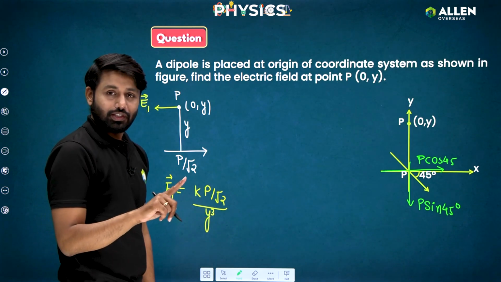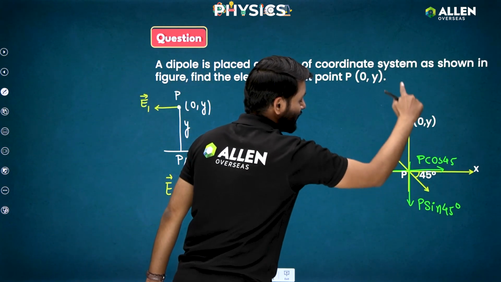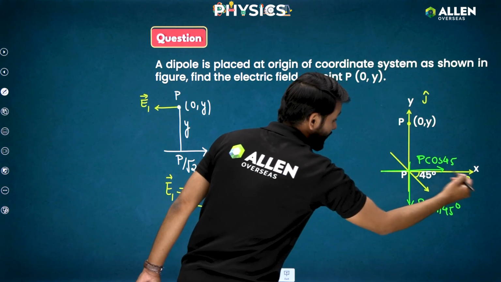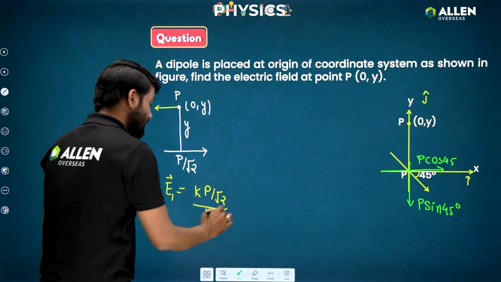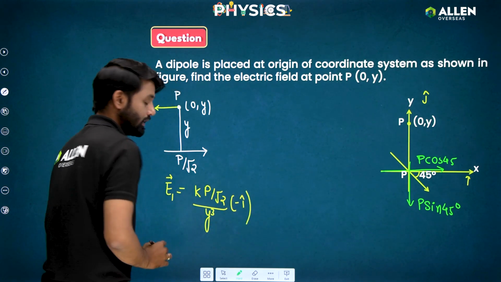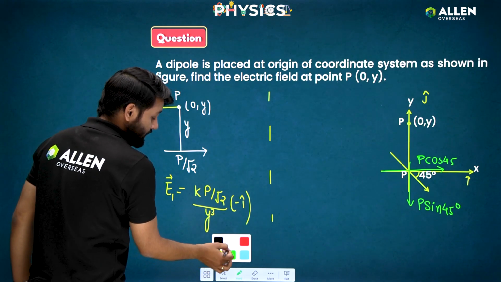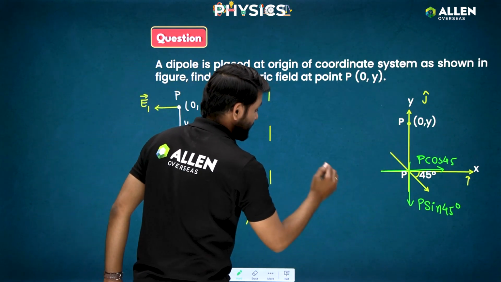Sir, what about direction? This is x-axis, this is y-axis. Along y-axis unit vector is j cap, along x-axis unit vector is i cap. Opposite to x-axis, so you should write minus i cap.